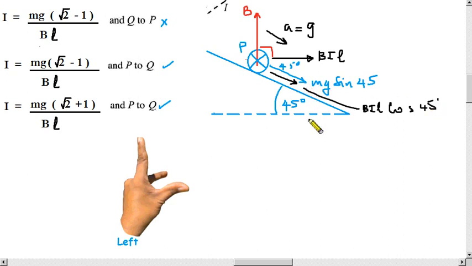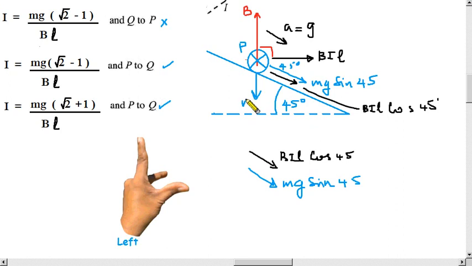And then there are two forces. One is BIL cos 45, the component from the magnetic force. The other force, downwards along the plane, is mg sin 45. That came from the gravitational force mg; we turn its component along the plane, downwards.